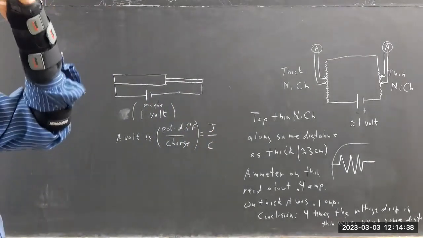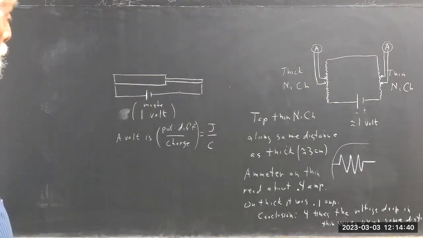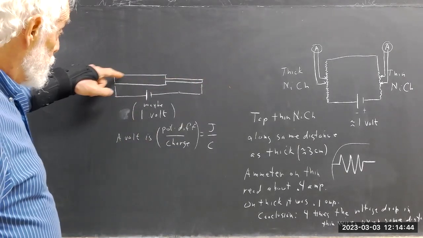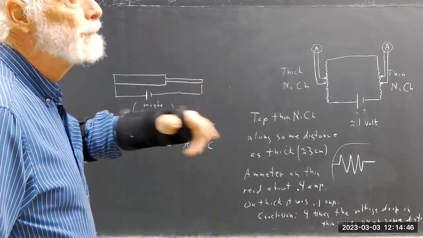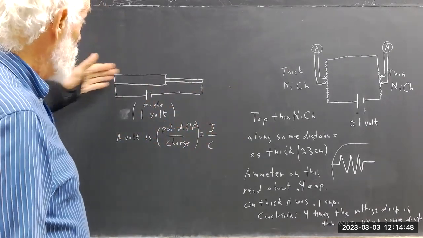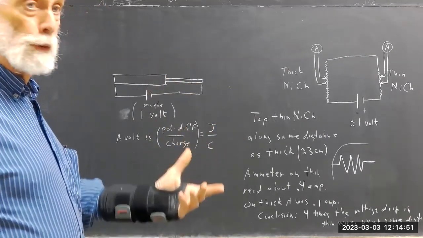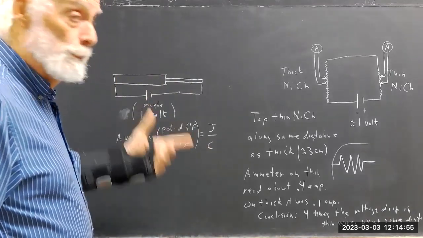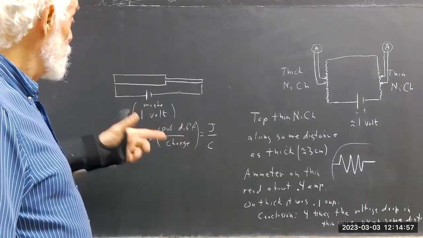Joules per Coulomb. Okay, so now we know that to move a Coulomb of charge from here to here takes a joule of energy. How does a current move the charge? Or how does a voltage move the charge?